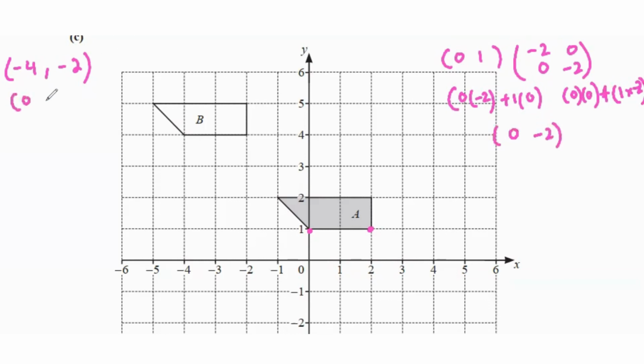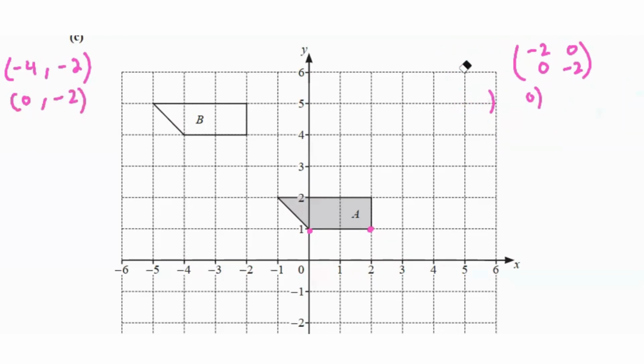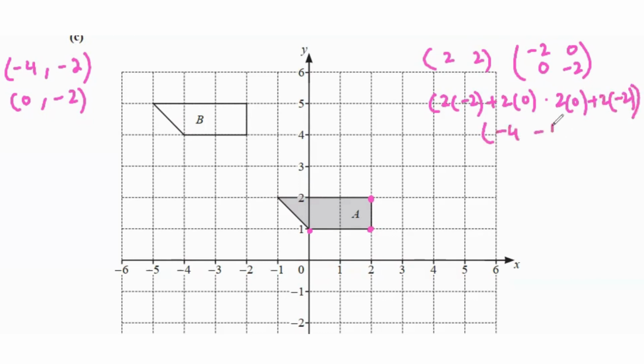That is the next coordinate. Then I'm going to use this one. That's going to be 2 and 2. So that's 2 times negative 2 plus 2 times 0. Then 2 times 0 plus 2 times negative 2, which is going to be negative 4 and negative 4.